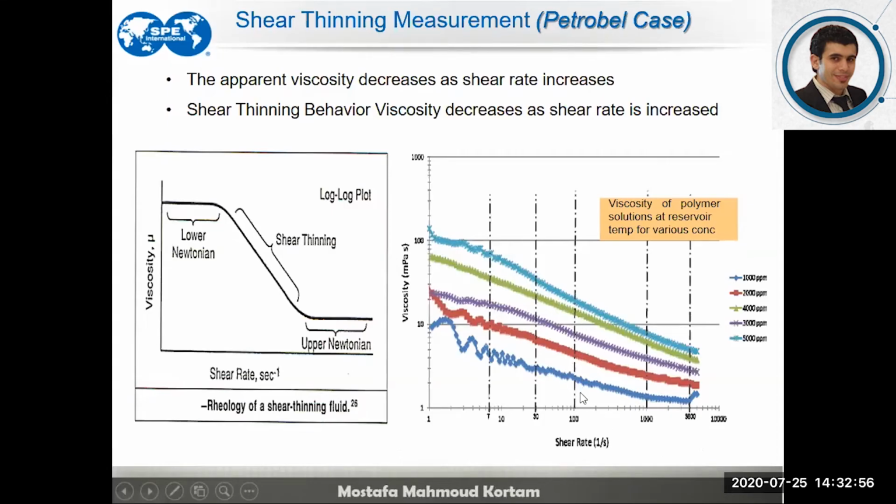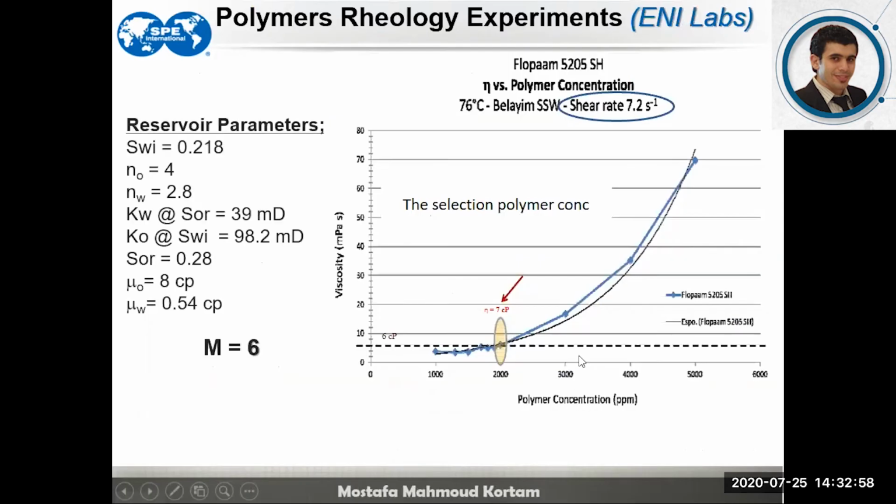So at which polymer concentration and polymer viscosity should we operate our polymer flooding, or how can we choose the polymer viscosity or the polymer concentration in order to define it for our field application?